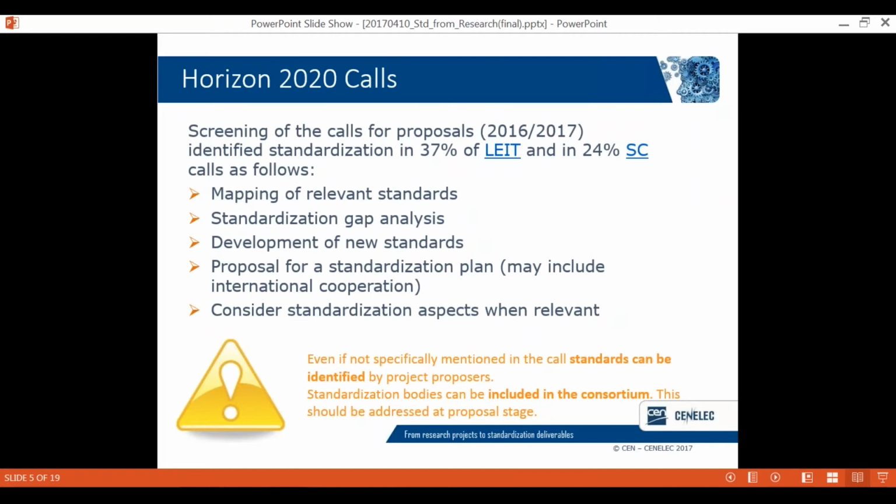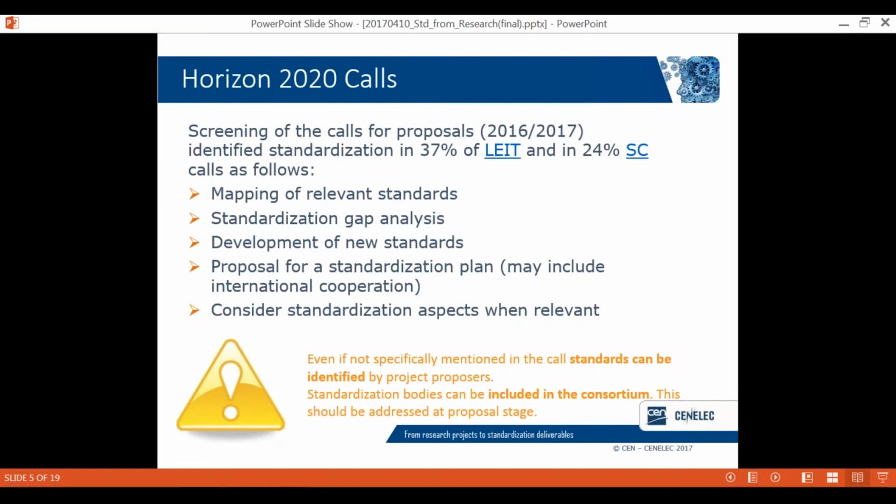We screen all these calls here in CCMC, and we make them available both on our website as well as sending them to our members, primarily via our joint BT working group STAIR, Standardization, Innovation and Research. Why do we do this screening? To identify where and how standardization has been identified by the Commission, by the calls, as a market tool.